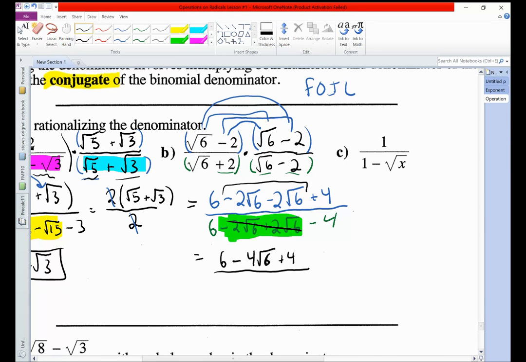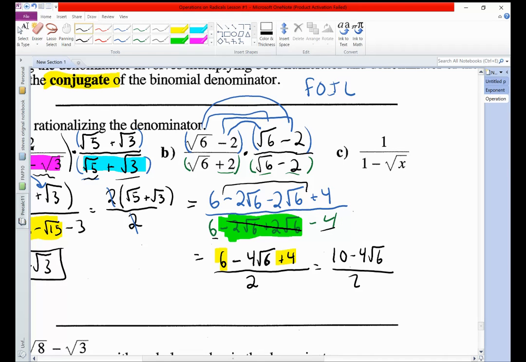And on the bottom, I have 6 minus 4. That gives me 2. And then you can see, actually, here we have 6 plus 4. We can combine that to get 10 minus 4 root 6 all over 2.